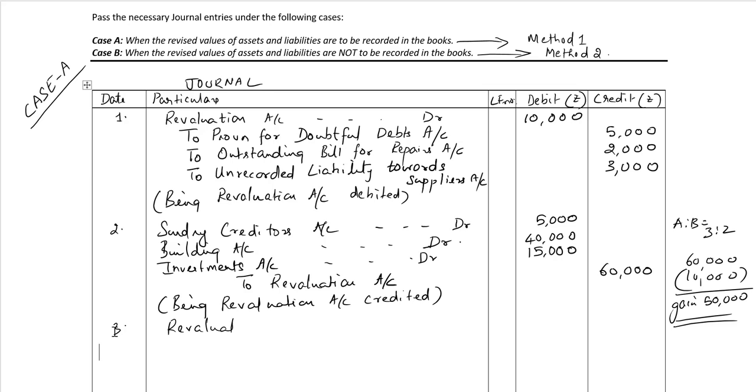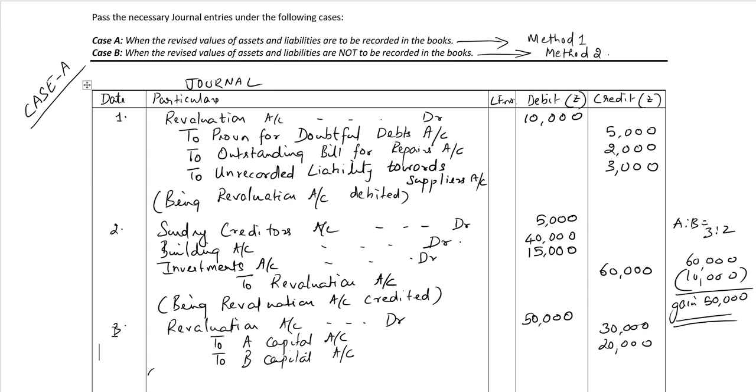Revaluation account debit to A capital account, to B capital account. Total gain on revaluation 50,000 in 3:2, 30,000 against A's capital and 20,000 against B's capital.